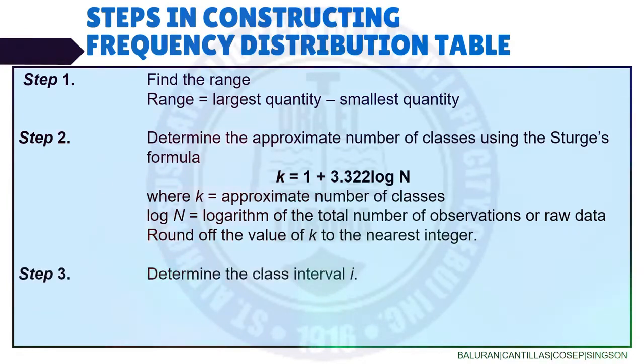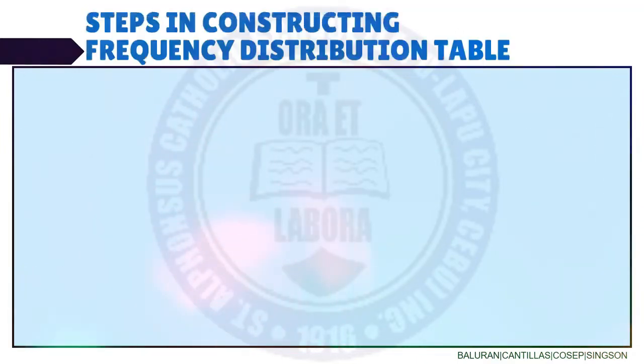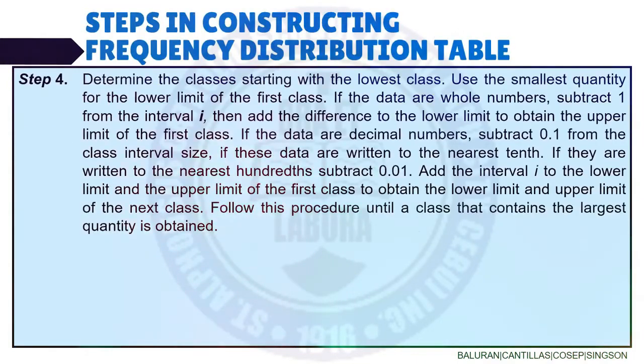Step 3. Determine the class interval. It is denoted by the letter I. So the interval is equal to the range divided by K, which is the approximate number of classes. Step 4.